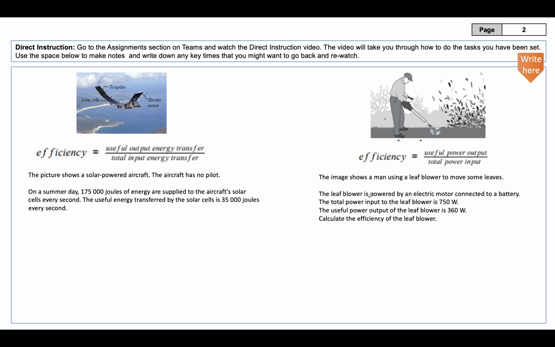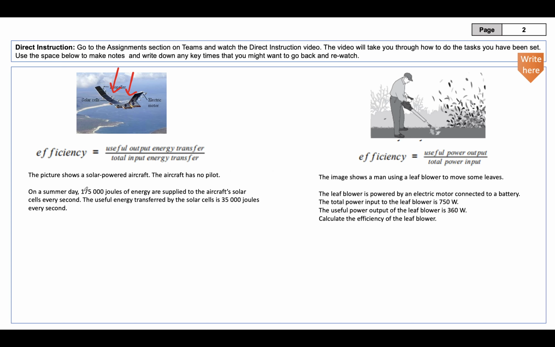You'll have to be able to calculate the efficiency using the equation useful energy out over total energy in. And we'll go through this example here to show what we mean. We've got a solar powered aircraft here. It's got no pilot. That's not really relevant. But you've got light energy incident on these solar panels, and they convert light energy into electrical energy.